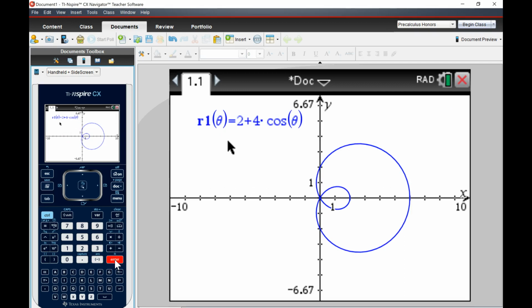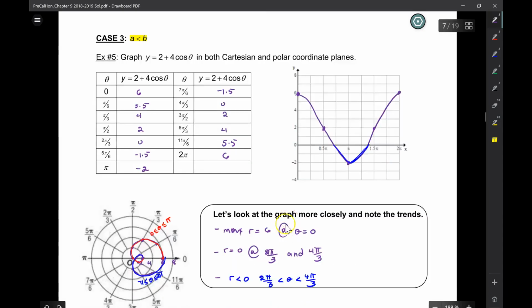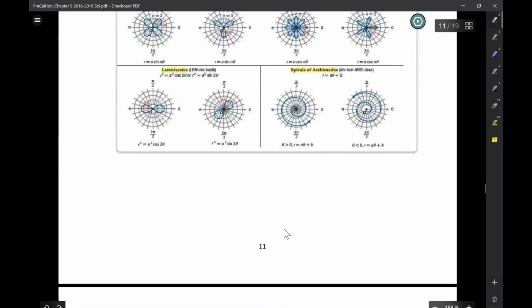And the step when you're tracing it, as you go up here, the theta changes by like 0.13, all the way from 0 to 6.28. Okay, so you know what? Let's graph in here.